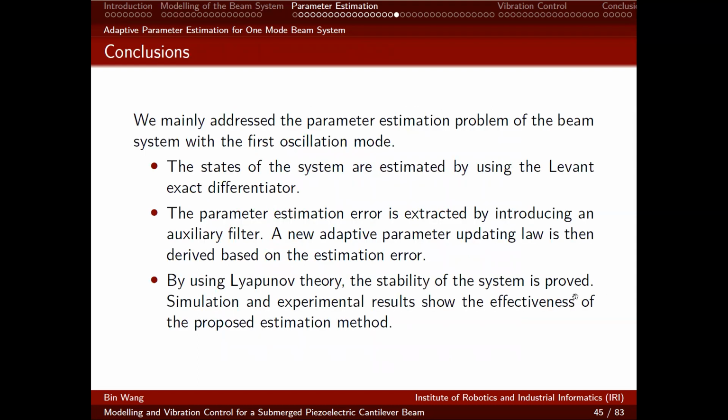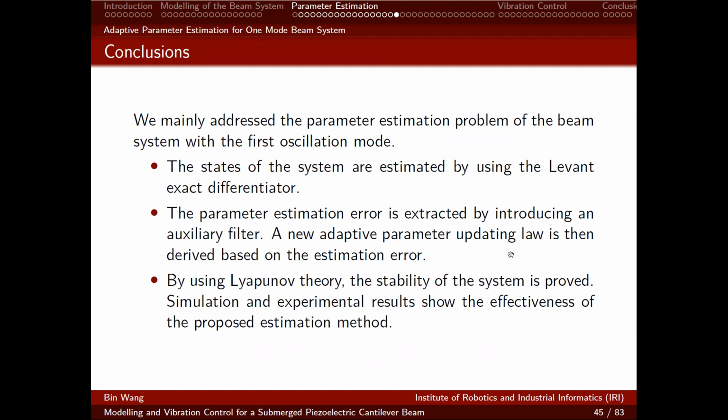Here we have some conclusions. In this part, we mainly address the parameter estimation problem for the beam system with the first oscillation mode. The states of the system can be estimated by using the Lagrange differentiator. The parameter estimation error is extracted by using an auxiliary filter.